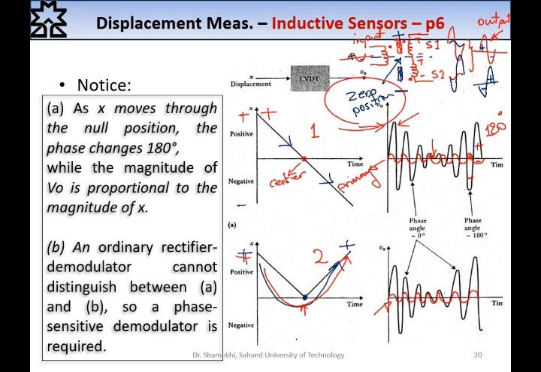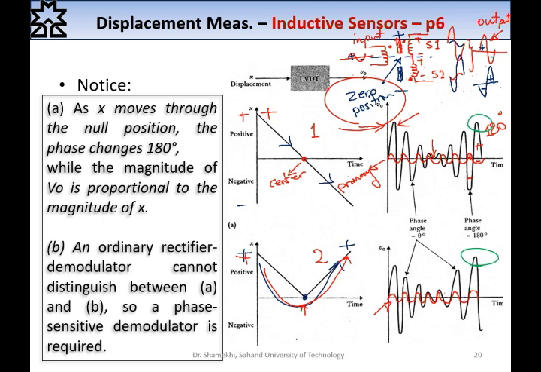As you can see, we have two conditions here with the same voltage but with different phase angles, and we should be able to discriminate these two conditions. The only solution to discriminate these conditions is using a phase sensitive demodulator as the demodulating stage.